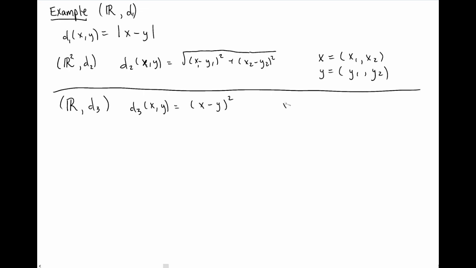You know, this x minus y is equal to 0 if and only if x is equal to y. That's true. So that's okay. We have that (x minus y) squared is greater than or equal to 0 for all x, y, so that's good. And d(x, y) is equal to d(y, x). So clearly it's got to fail with regard to the triangle inequality.